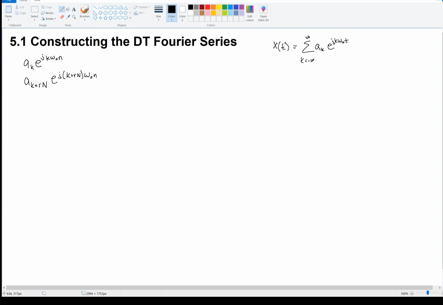Okay, so that's the claim. So if we have this ingredient in our signal, the claim is that we also will have the second ingredient there. So why is that?